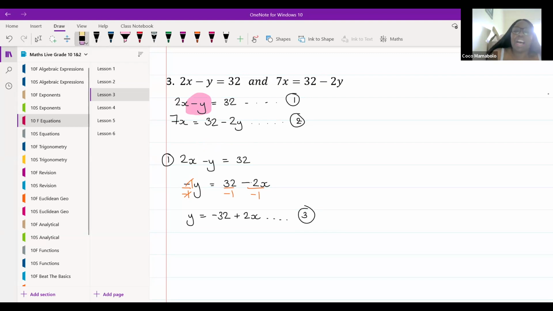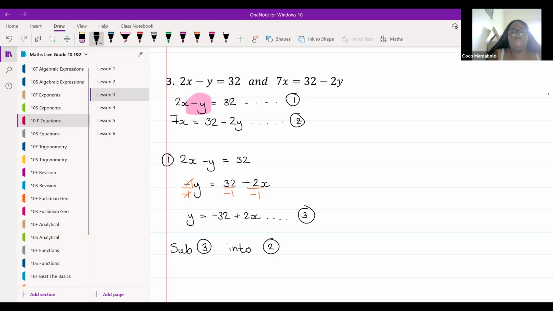All right, now that we have that, we can go back and do the substitution part of it, right? So instead of saying sub equation 1, which equation am I going to sub into equation 2? Equation 3. Correct, that's it. I'm going to substitute equation 3 into equation 2.